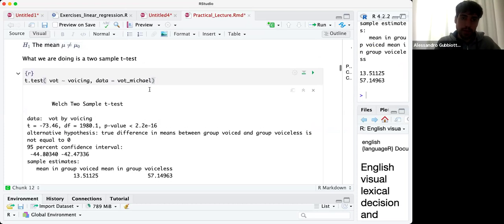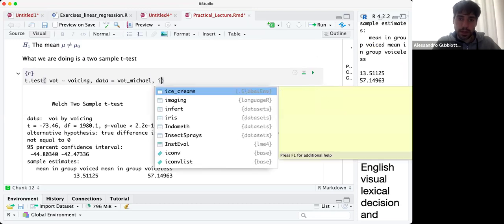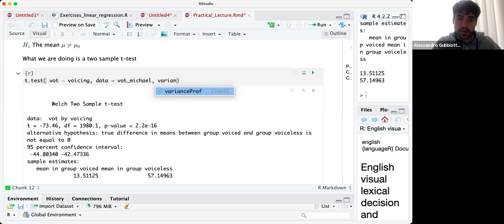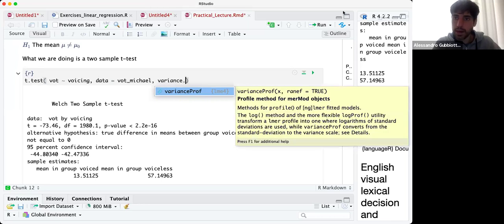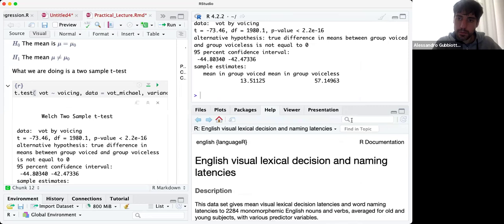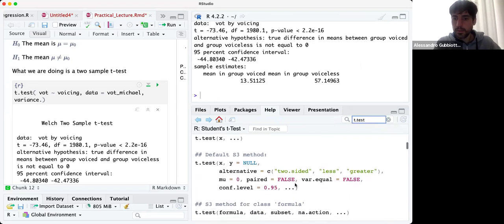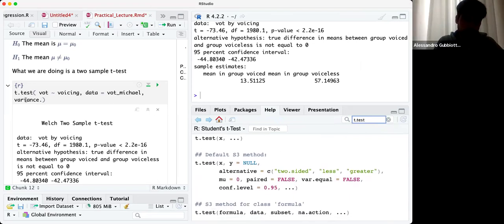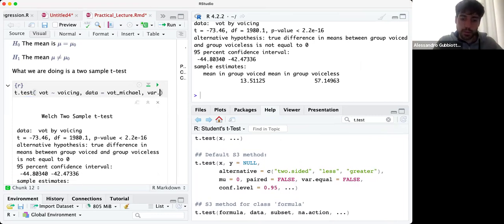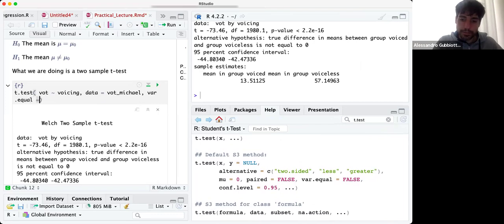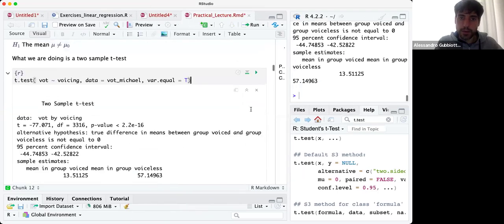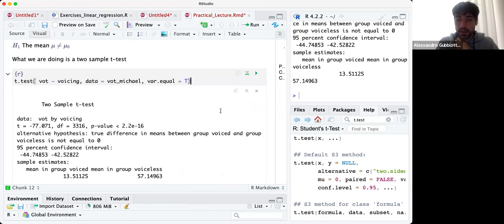For the p-values to be equal, we should set the variance parameter to equal; the default values of R are usually the ones to take.